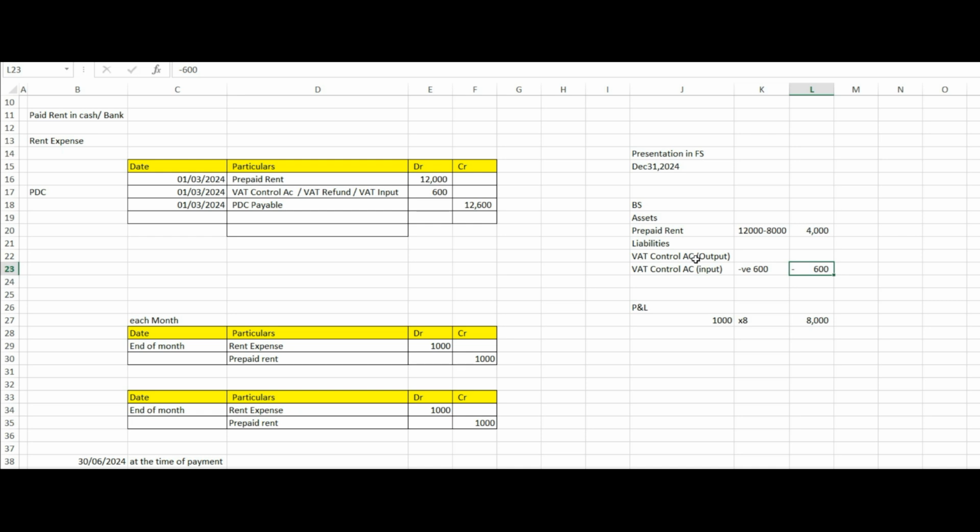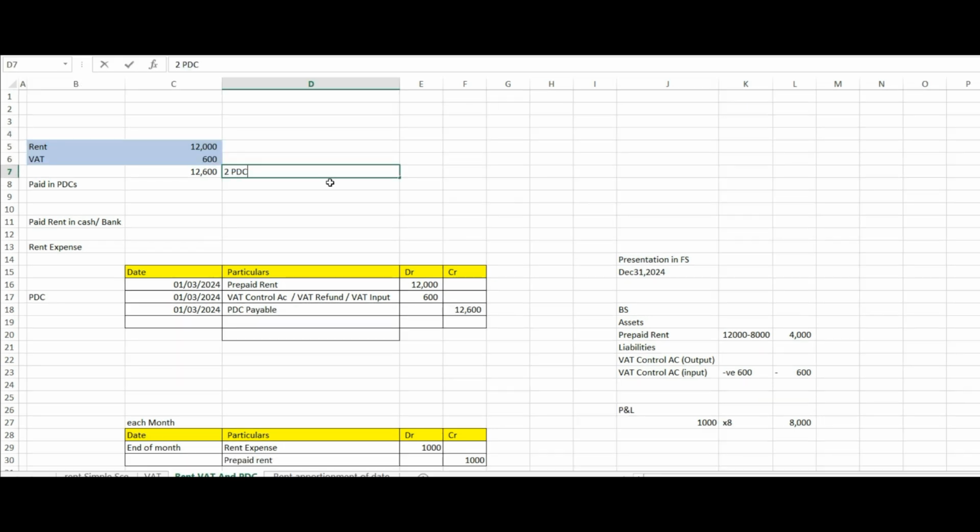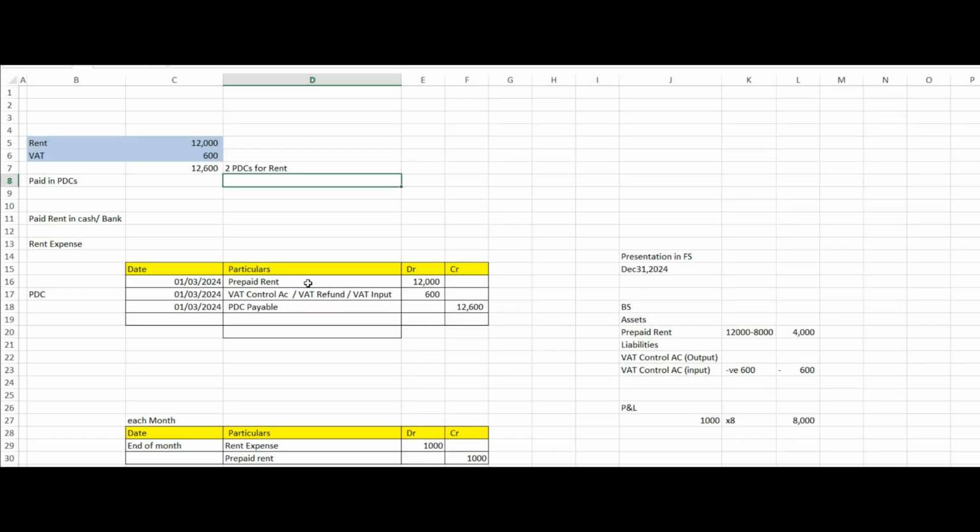Now let's consider the same scenario where post-dated cheques are also involved. If you have rent of 12,000 per year, VAT is 600, and two PDCs, you will make an entry on 1st of March as prepaid rent debit with 12,000, same entries.